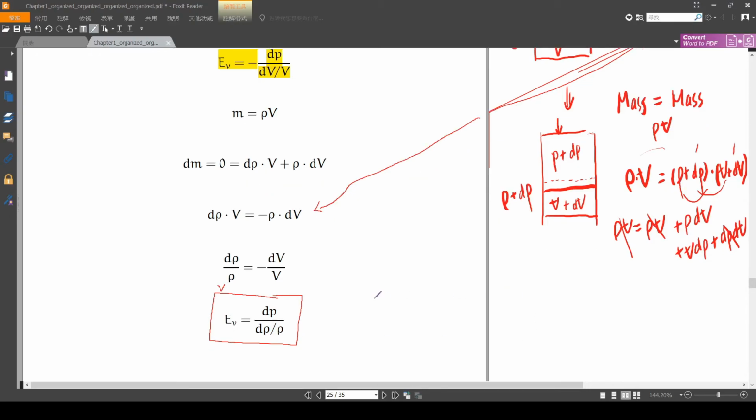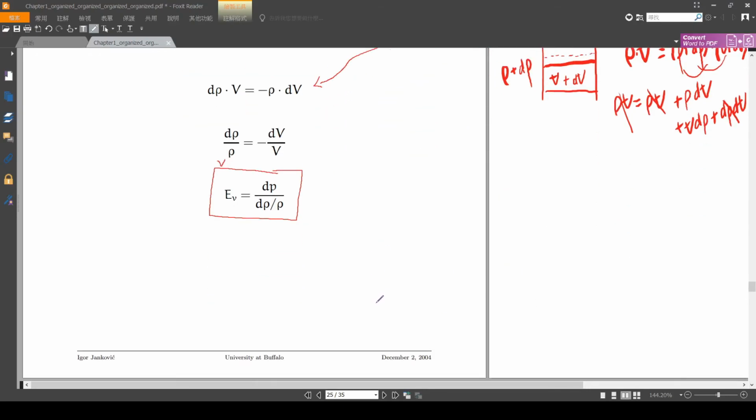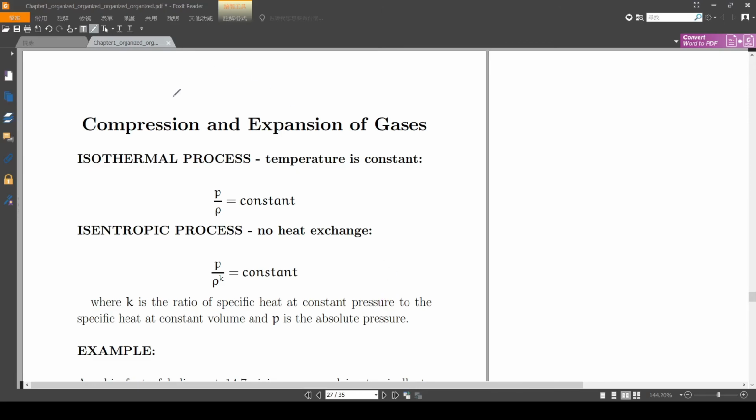Okay. So the next part is about the compression and expansion of gases. Now we focus more on the gases, okay? Because according to the bulk modulus, for a liquid like honey, if you apply some force on it, the volume seldom changes.